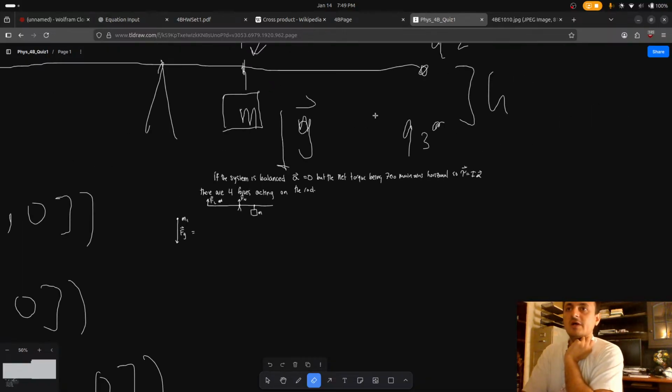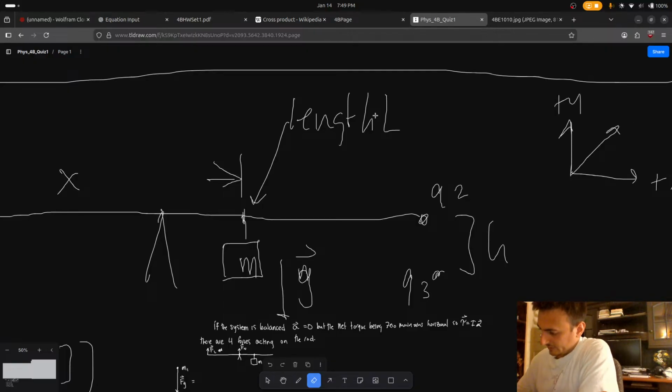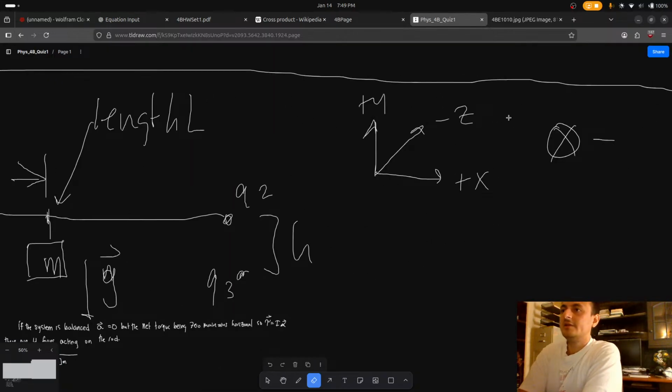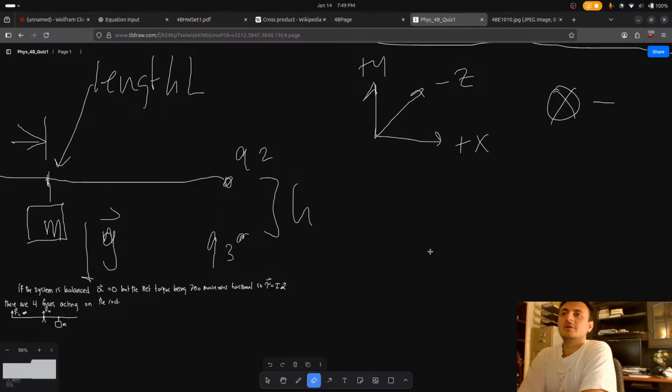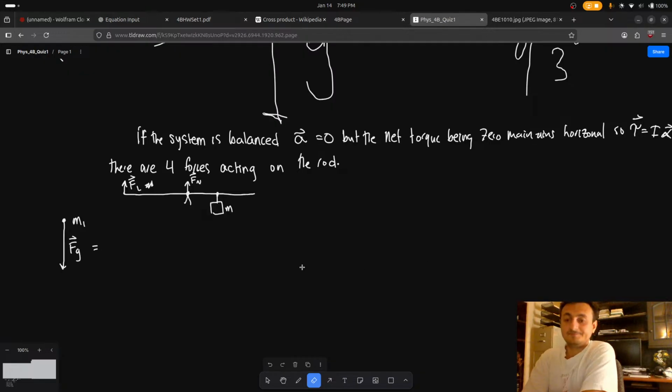So let me zoom out. We need to write this. Plus x, plus y, minus z. So this is minus. This is the thing going out of the page. Okay, we can zoom back in.